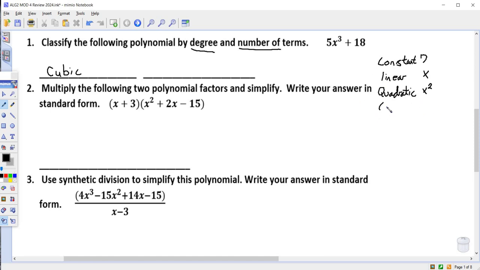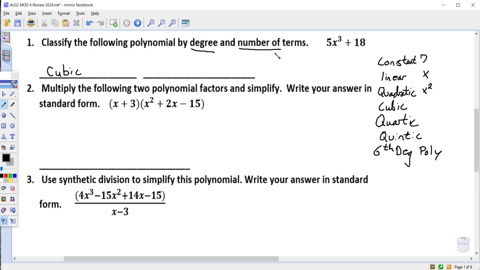Third power, that's cubic. Fourth power, that would be a quartic. Fifth power, quintic. And then above that, we would just say sixth degree polynomial. Okay, so that is the degree.